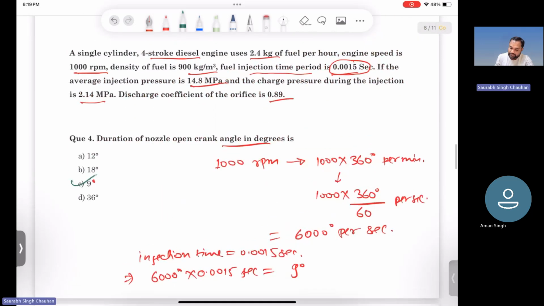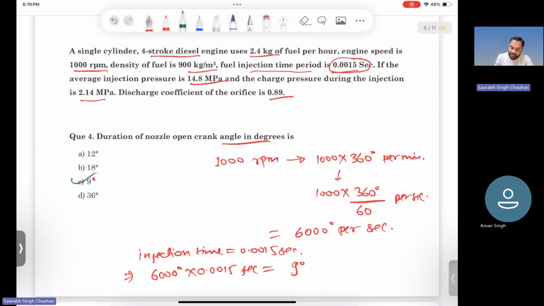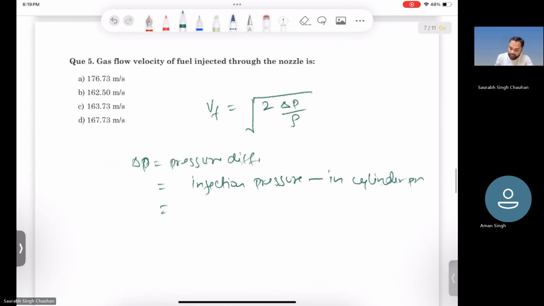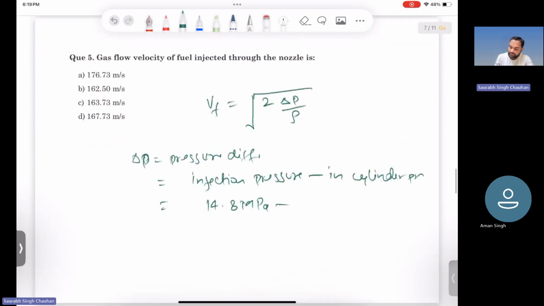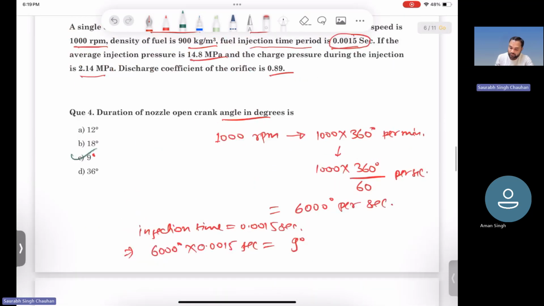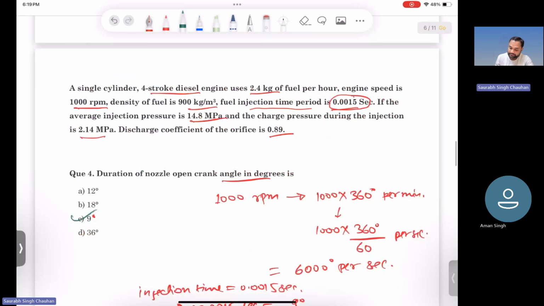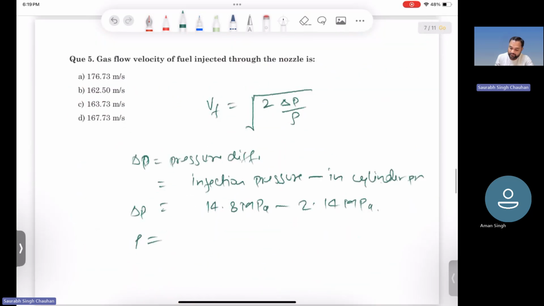Injection pressure is given as 14.8 megapascal, and in-cylinder pressure is 2.14 megapascal. So this is delta P. And density rho is given as 900 kilogram per meter cube.